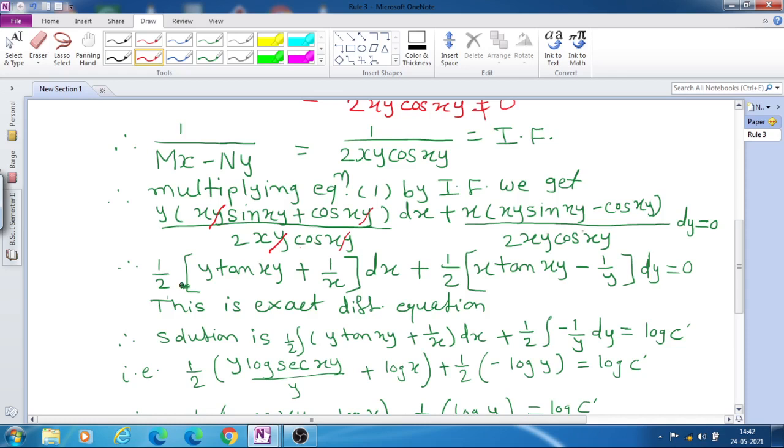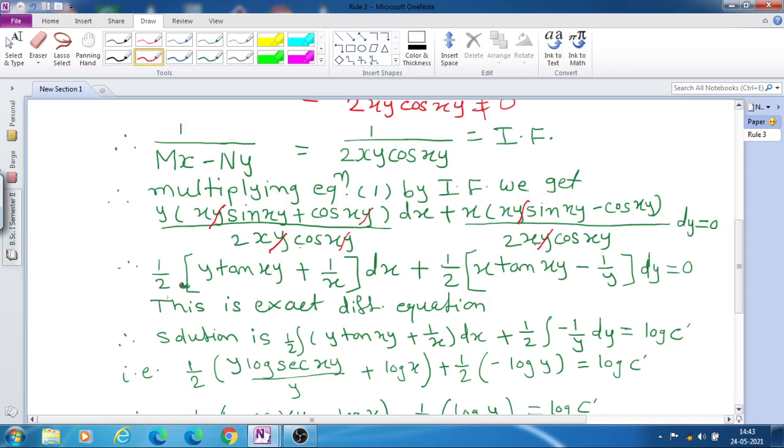Now dividing, xy will get cancelled and we get sin xy, this x into sin xy upon cos xy means x into tan xy.